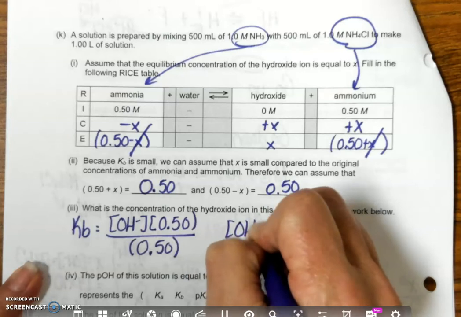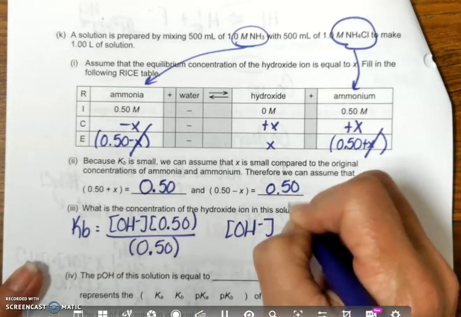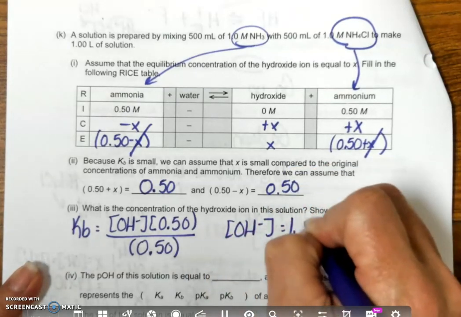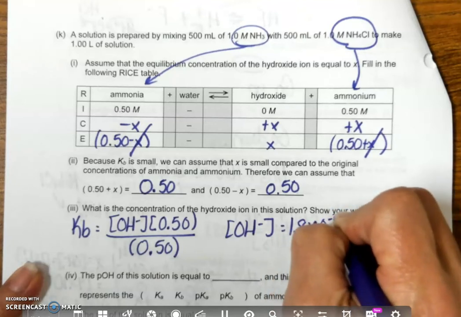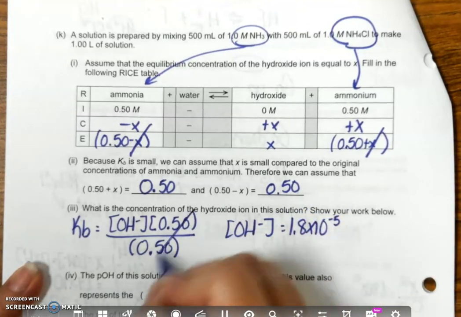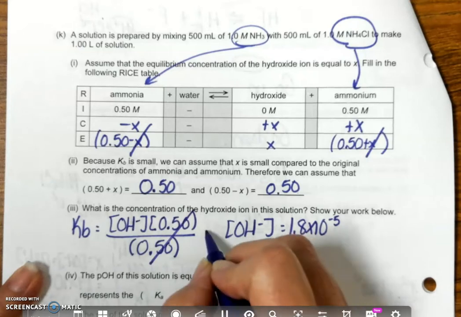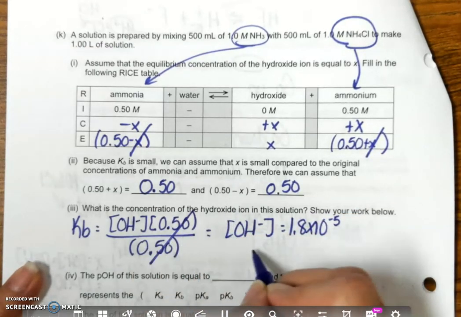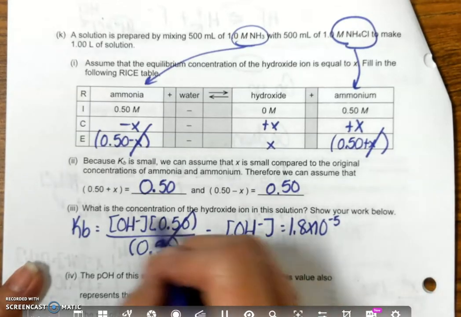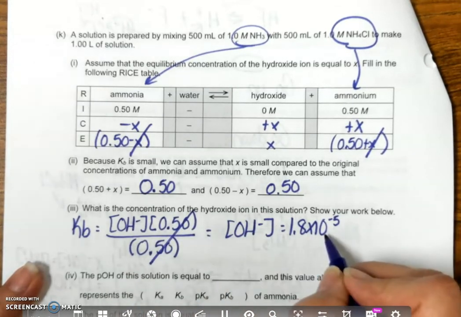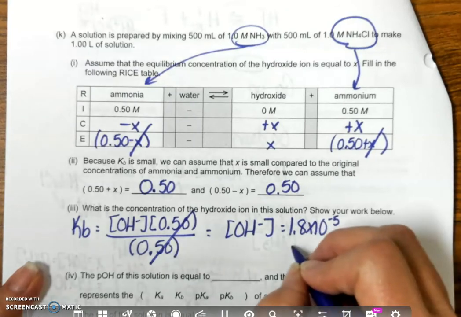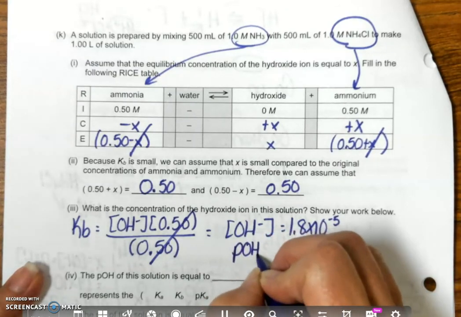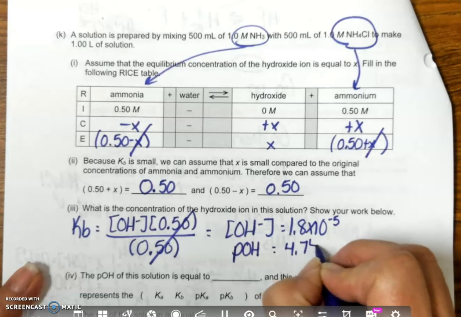So the concentration of hydroxide is equal to 1.8 times 10 to the minus 5. Notice that that is 1, so this is equal to Kb. I should have put that there, but anyway, this is equal to OH minus, and all of that is equal to Kb. So that means that pOH is equal to 4.74.